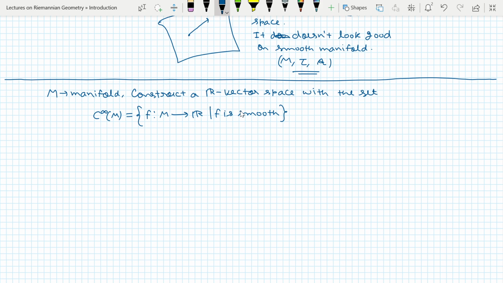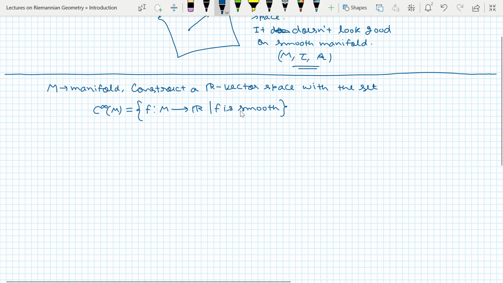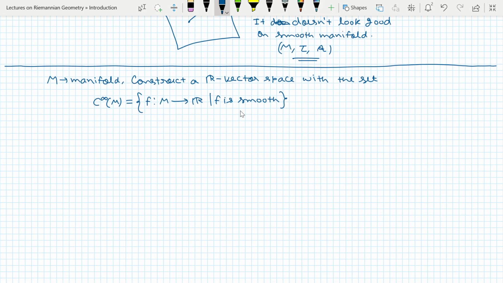Okay, but right now this is just a set. For it to be a vector space, what do we need? We require two operations, vector addition and scalar multiplication. So let's see what those operations are. The first one is the vector addition. And it's quite simple. How do we define the vector addition? We define it by pointwise addition.